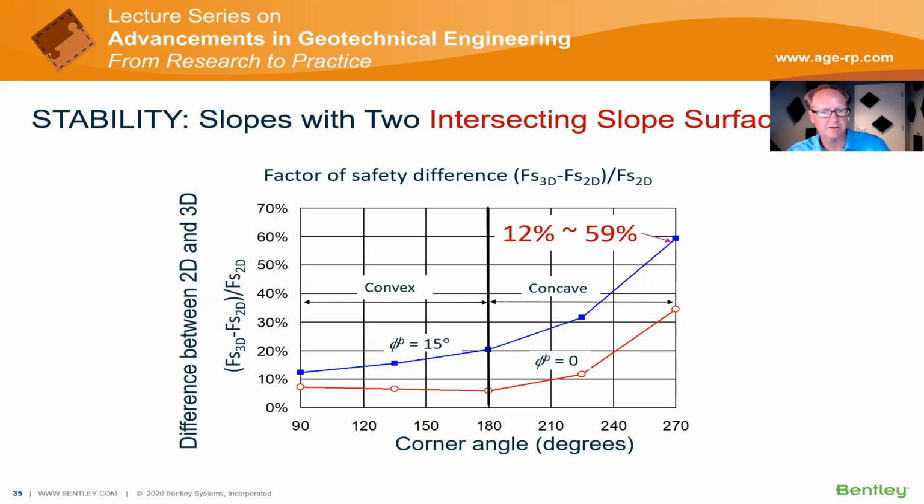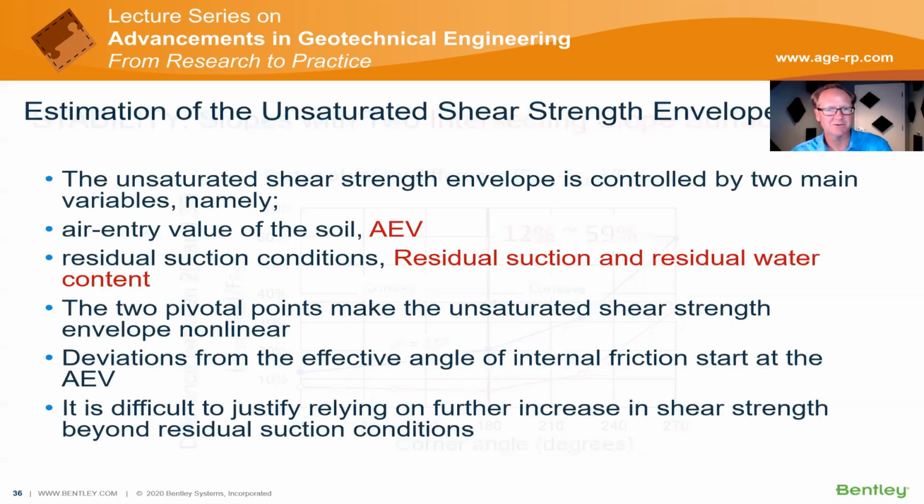You can see that as you get more convex, the difference becomes quite great. You're up at about 35% difference. Whereas if you consider unsaturated soil mechanics, you get a different curve, between 12 and up to 59% difference between 2D and 3D, which is blue. So you can break out the different effects of different analyses, which is quite interesting, I think.